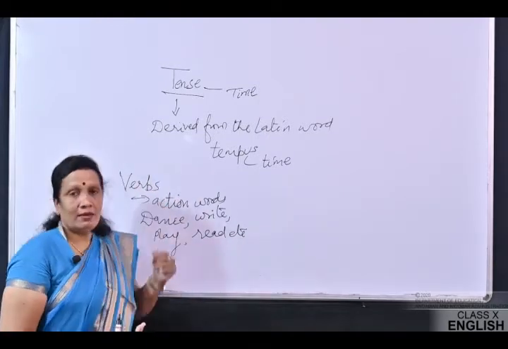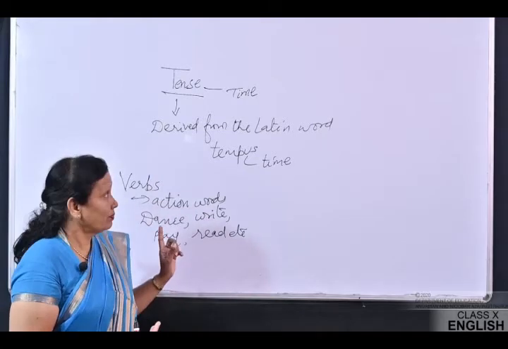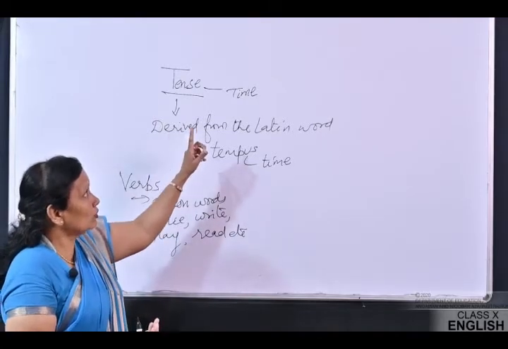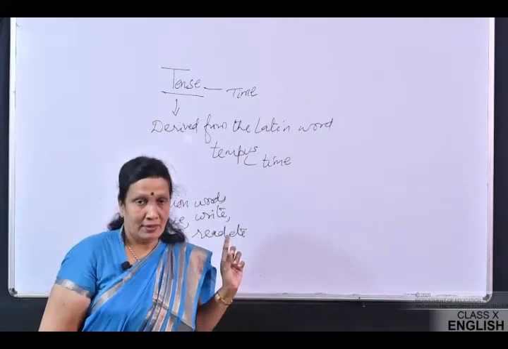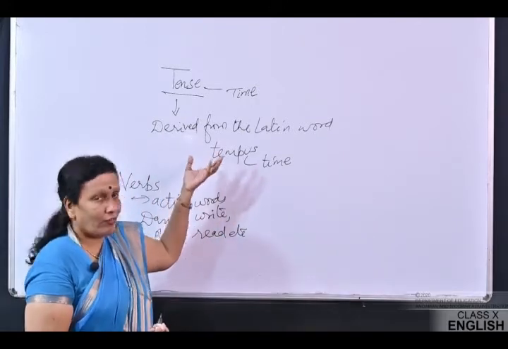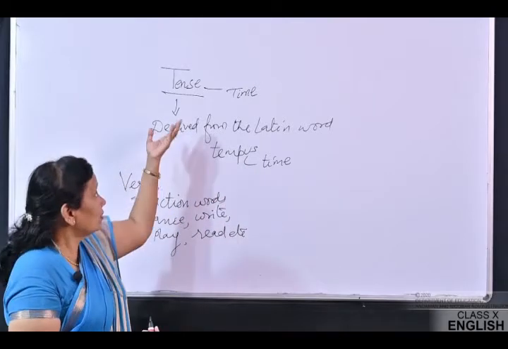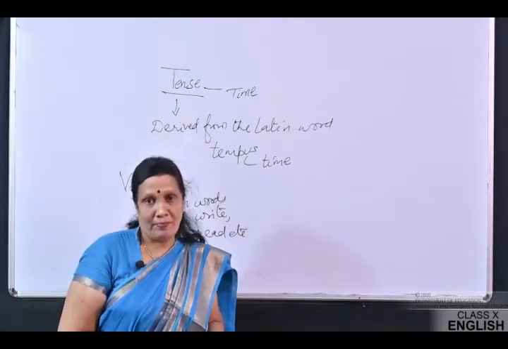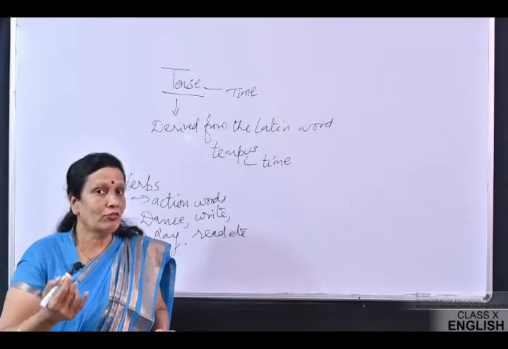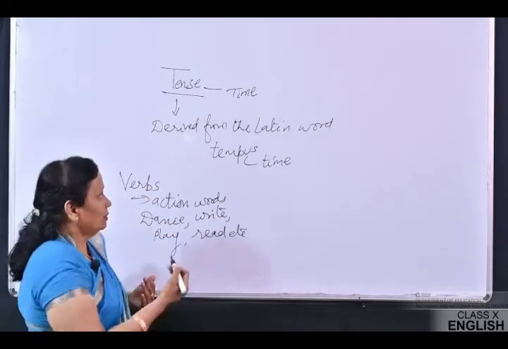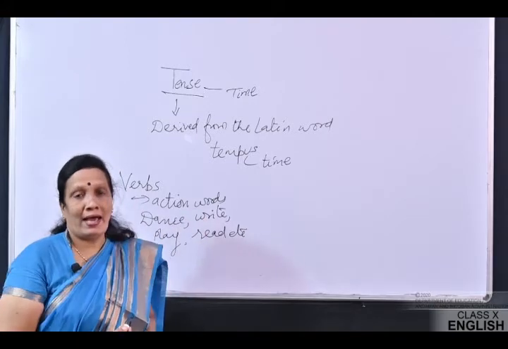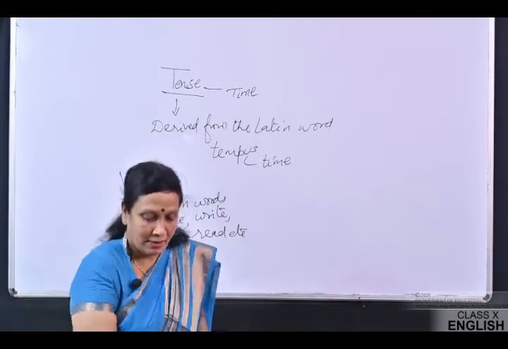And now when we are learning the tense, they talk about the time of the action done. When we have understood that tense means time, so the time of the actions done by us. Okay, so when a particular action has been done.